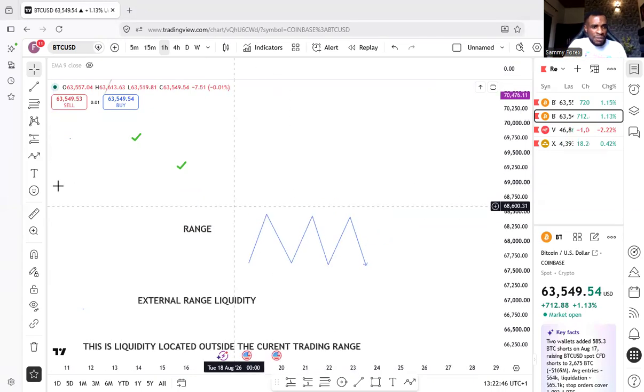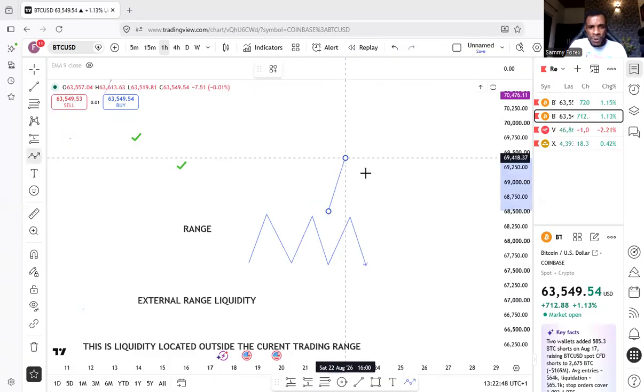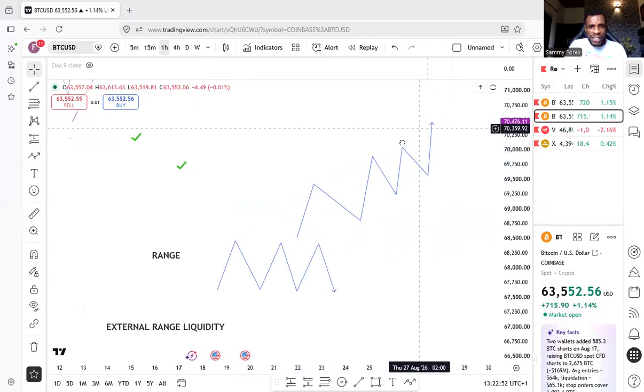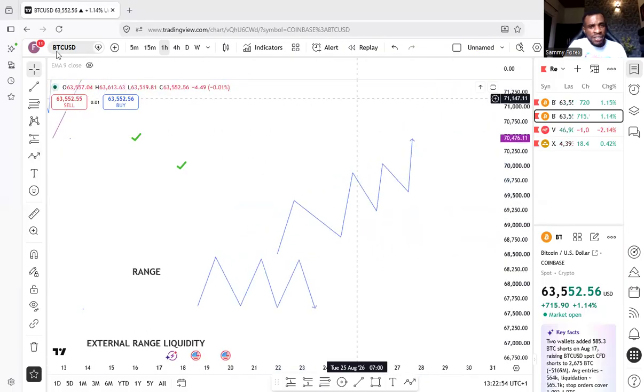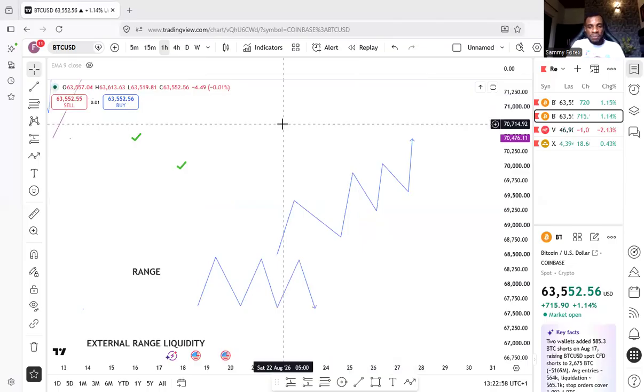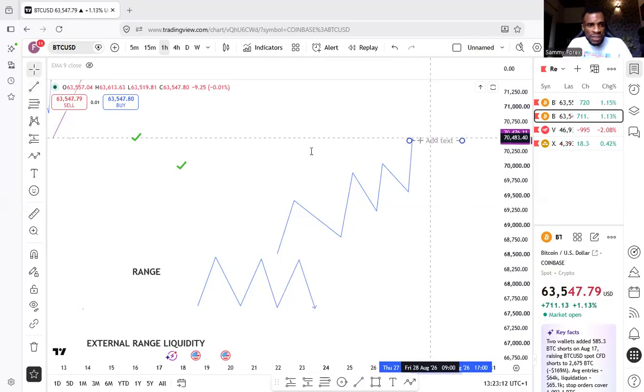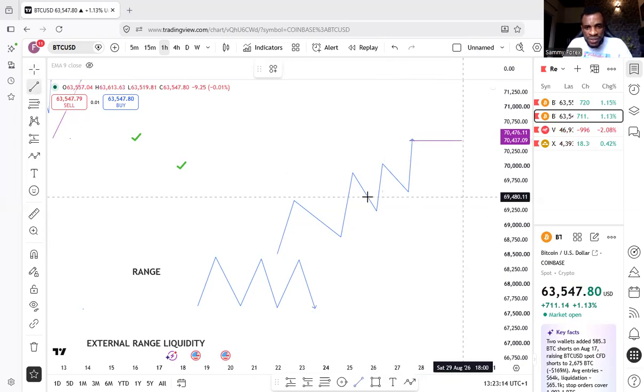For example, if price is going up, where is the highest point? The last pull-up candle is the highest point, and this is the lowest point.